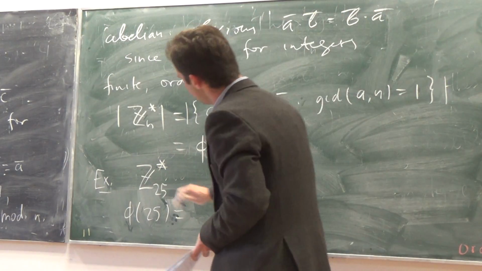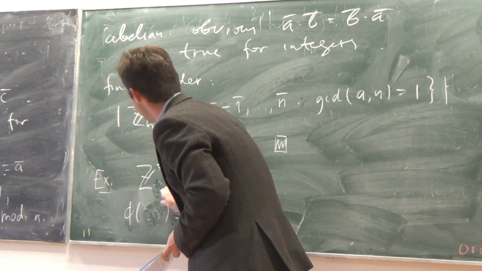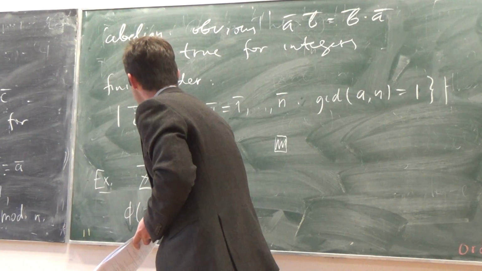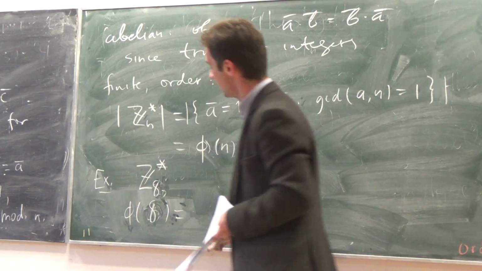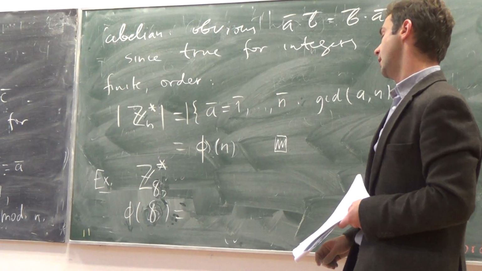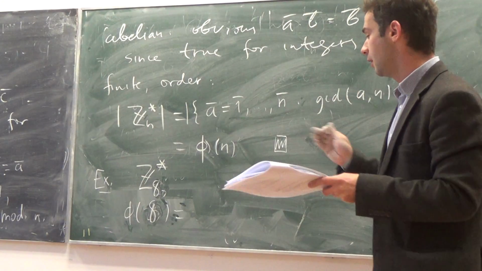Sorry, let's do something different. 25 is a little bit too big for now. So let's take Z8 star. It still will be interesting, but more under control.